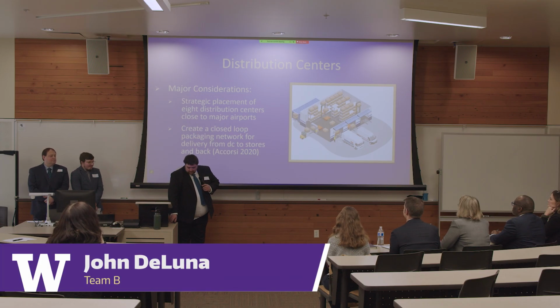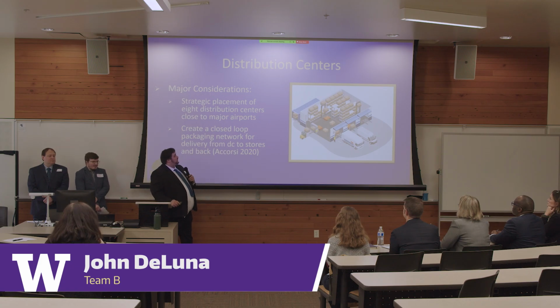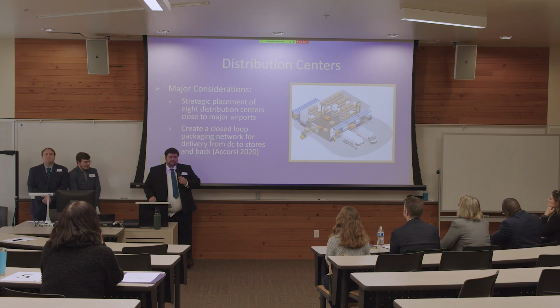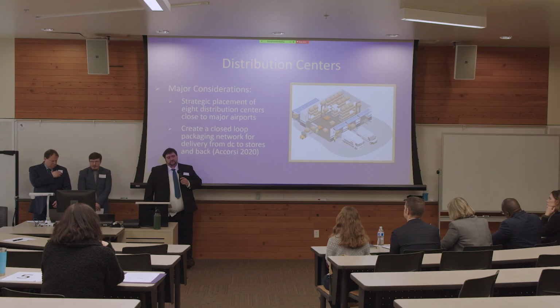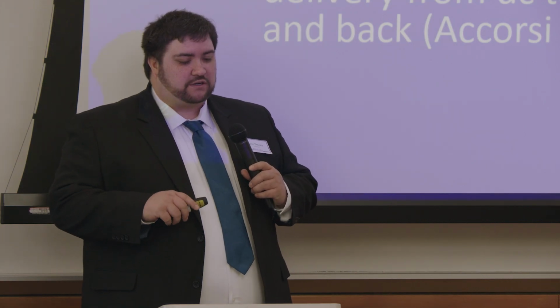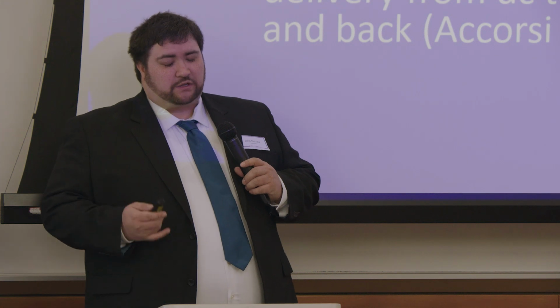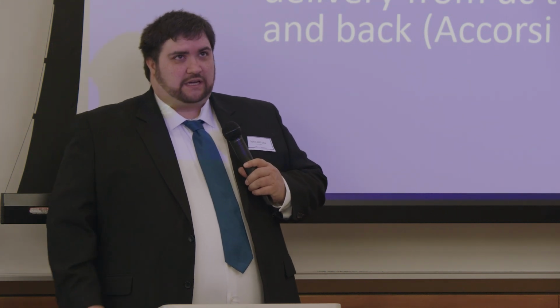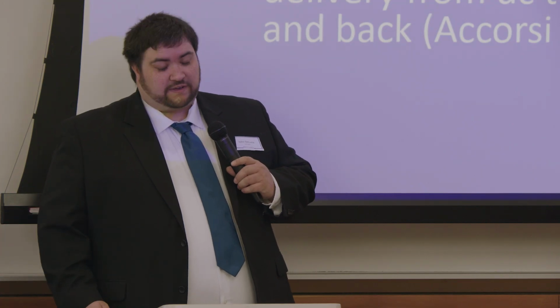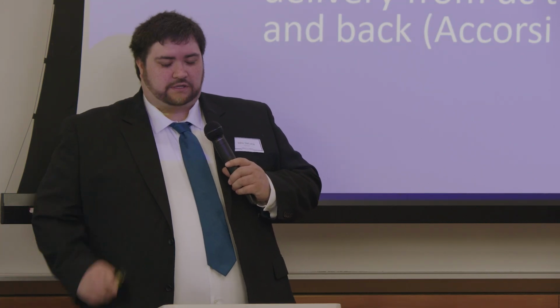The last point that we wanted to discuss would be the idea of distribution centers. Right now, Maria's Market has a small group of stores. If they were to expand to 55 stores across the entire West Coast, we're recommending a strategic placement of smaller distribution centers at various points, including Sacramento, San Diego, Portland, Seattle, Boise, Las Vegas, Reno, and Oakland.